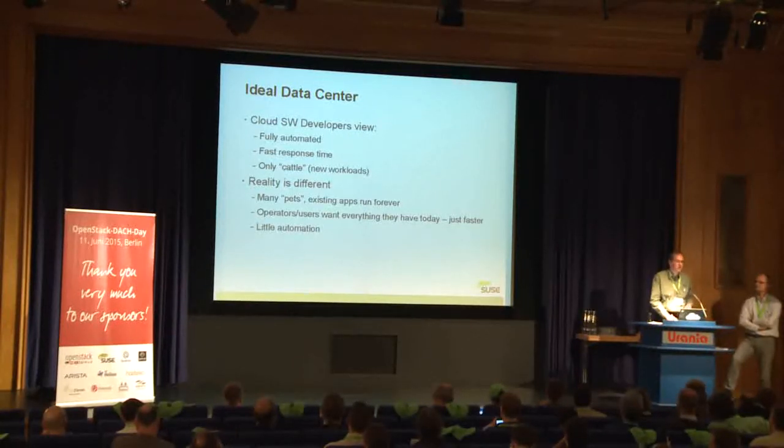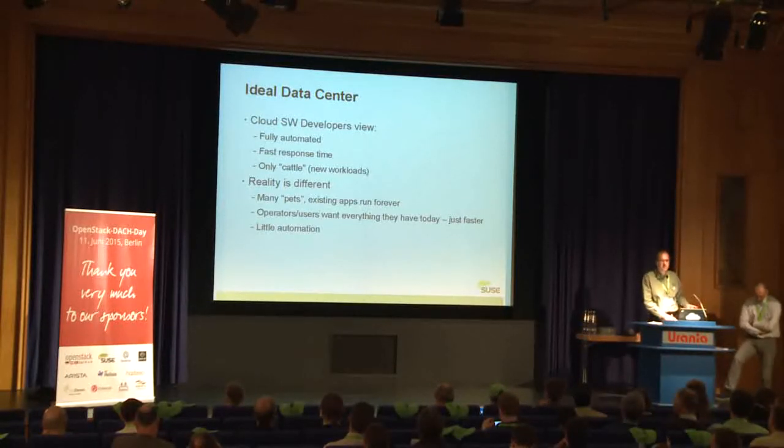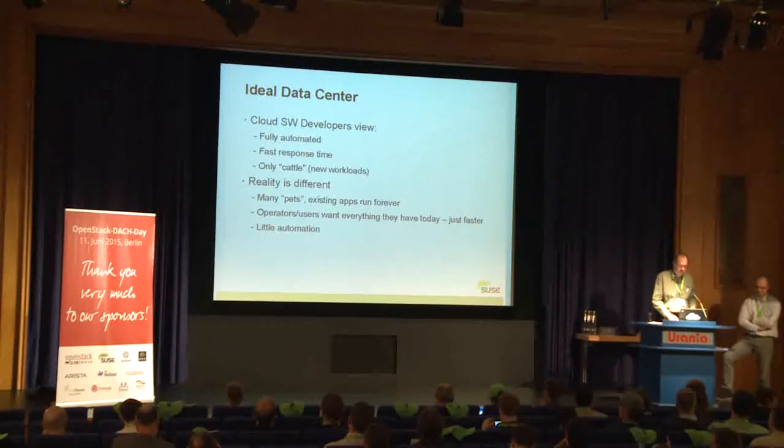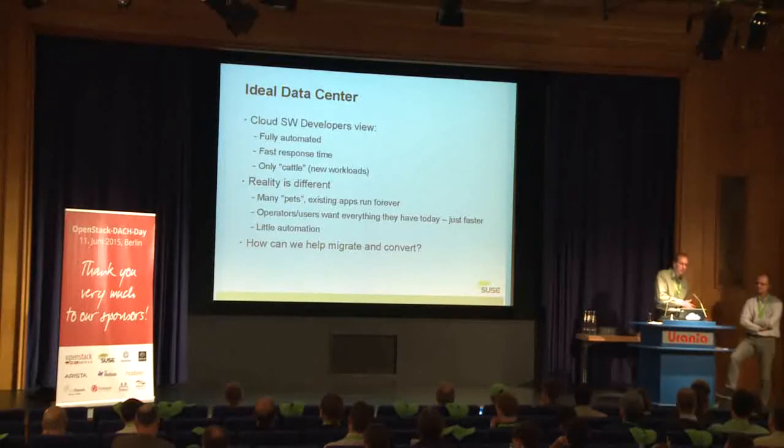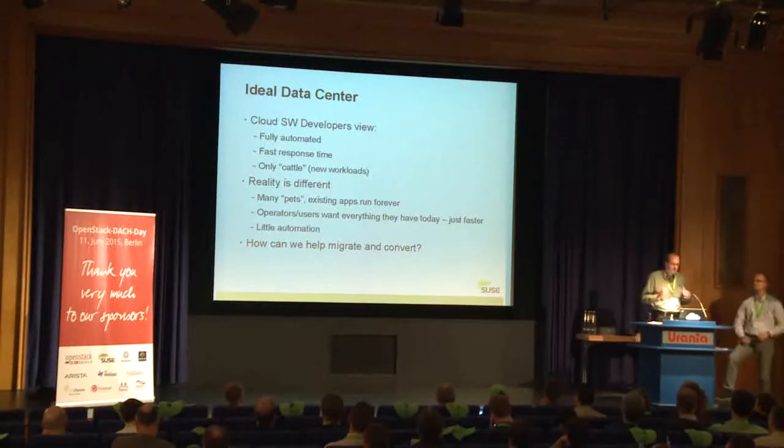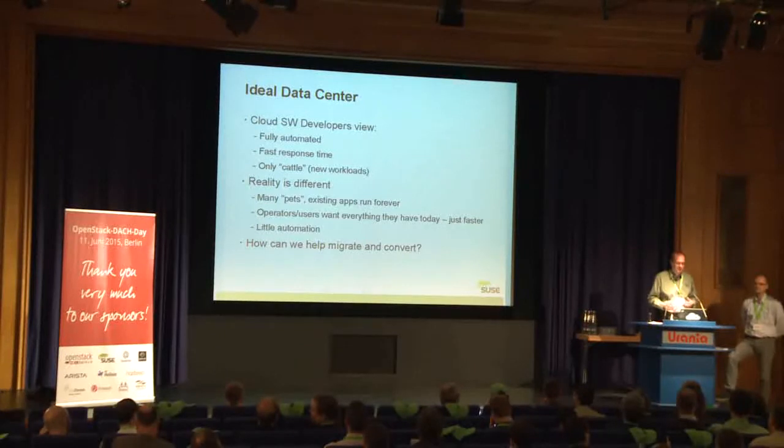And they have little automation, so getting faster and self-service is a challenge and needs changes going forward. A question that you will ask yourself is, how can we help migrate from that reality of the data center today to the ideal world, to faster self-service and so on? And also, if you're a developer, how can you help your users, how can you help OpenStack users go in that direction?